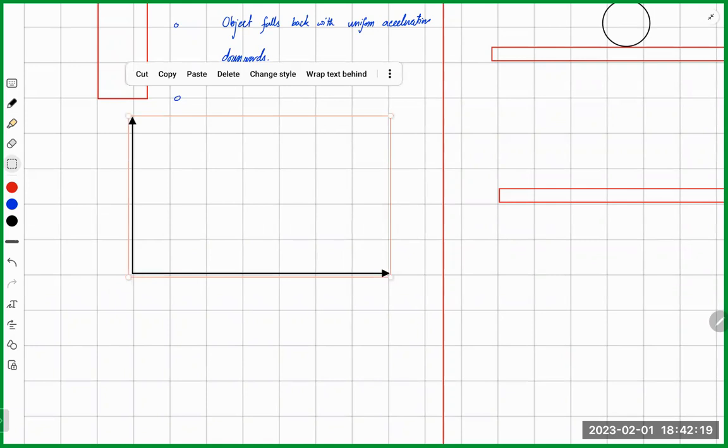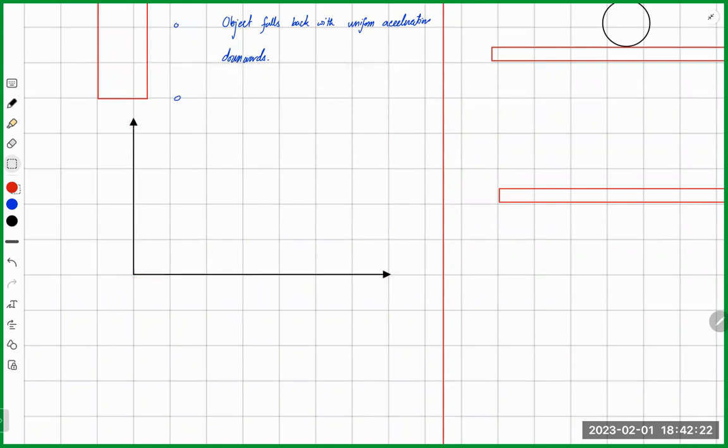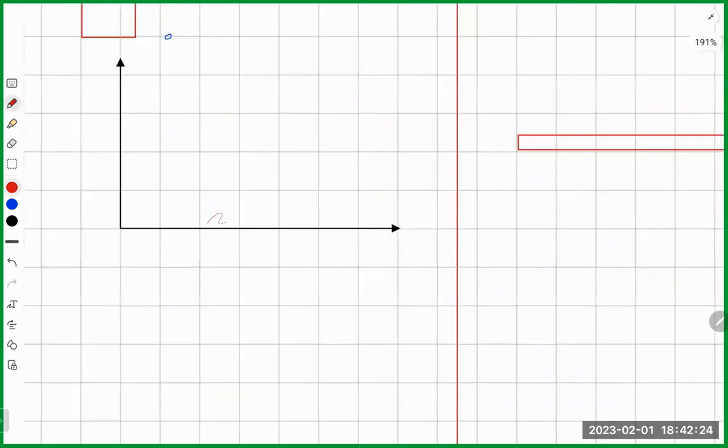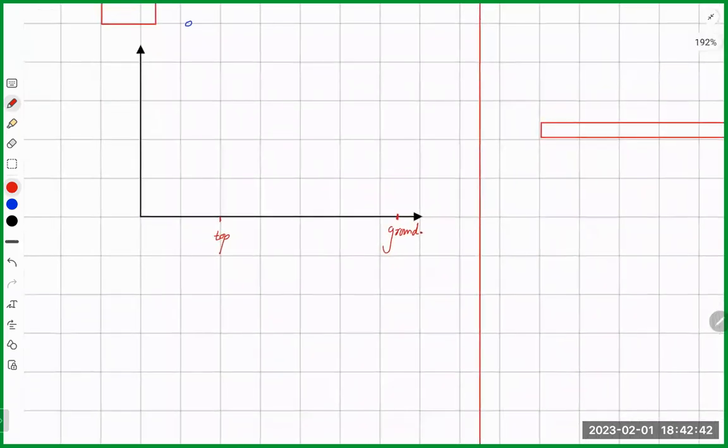Now, this is the distance against time graph. On this graph, I can mark this position as the object is at top, and this is the position when the object is at ground.